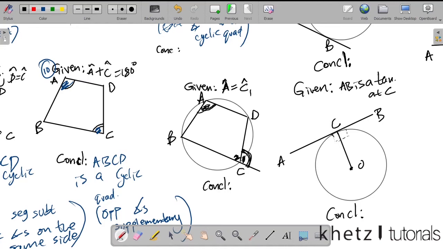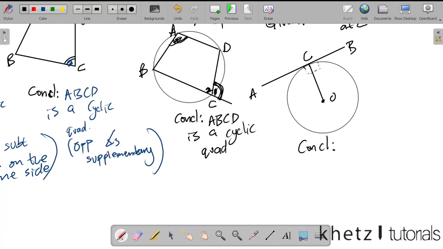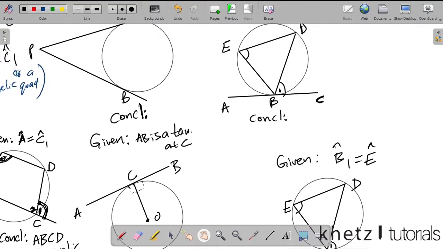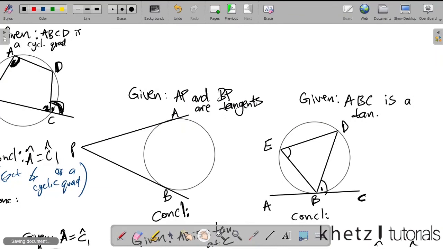And our conclusion will be that ABCD is a cyclic quadrilateral. And the reason for that would be what we see with our own eyes, which would be that the external angle is equals to the opposite interior angle. So once again, you're basically just swapping those two around, swapping the given as well as the conclusion.